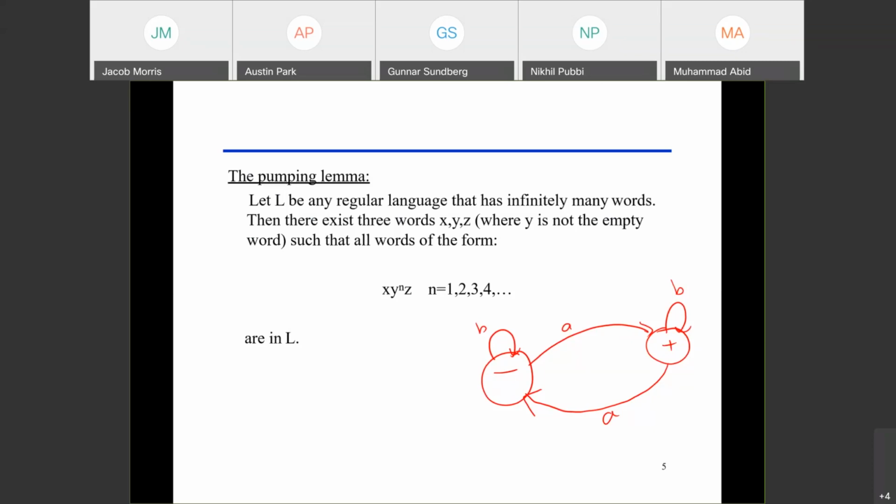This language guarantees that you always have either one A or three A's or something like that. What should be the regular expression of this language?